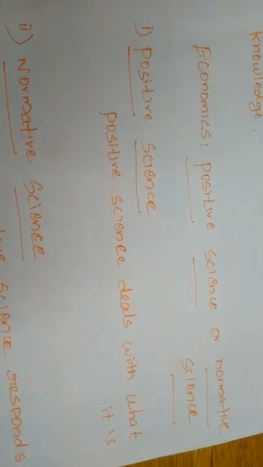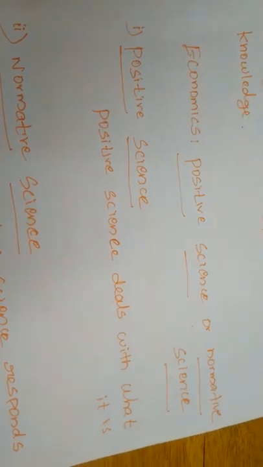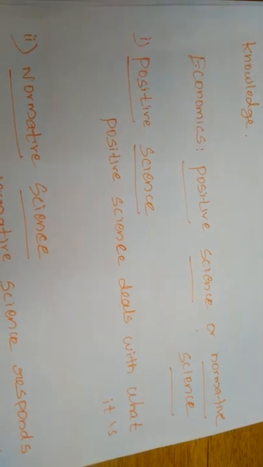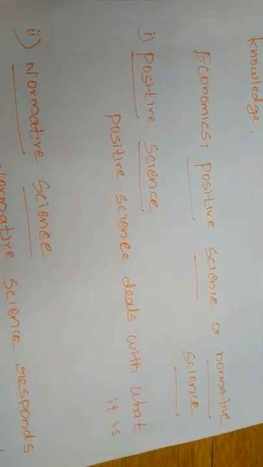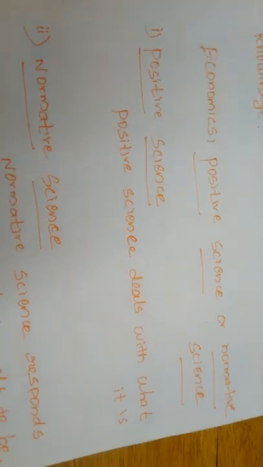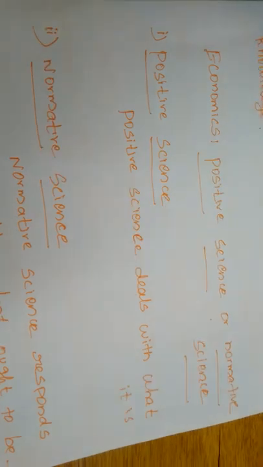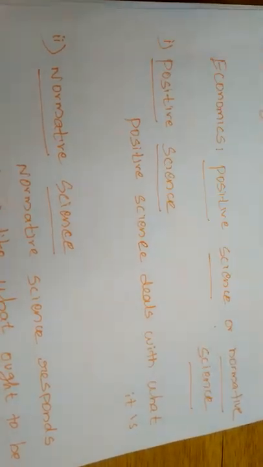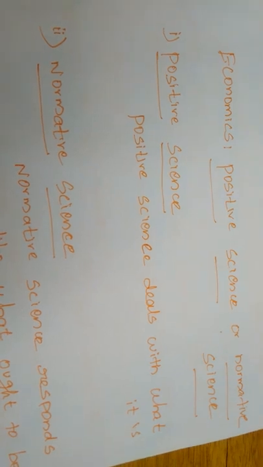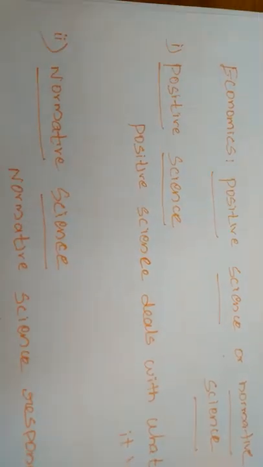After the result of the analysis, we have to accept the reasons for the price increase without any change. That's called positive science. Positive means the real reasons, the real things. What we are going to study, we have to study as it is.